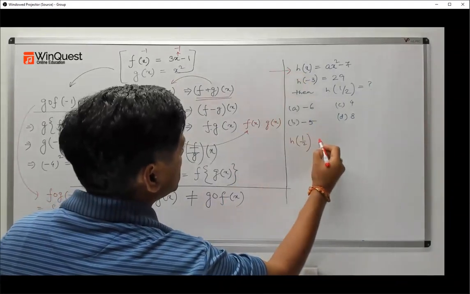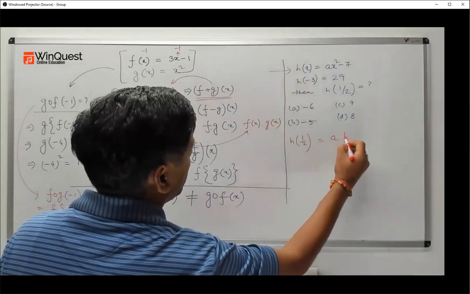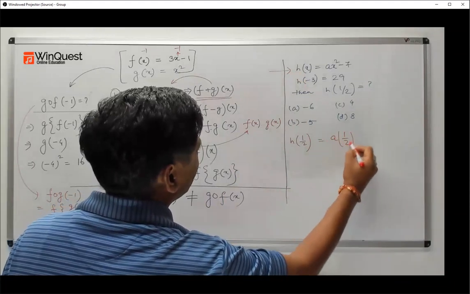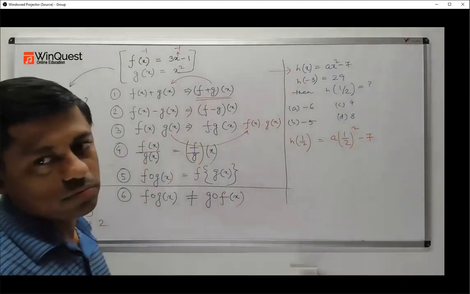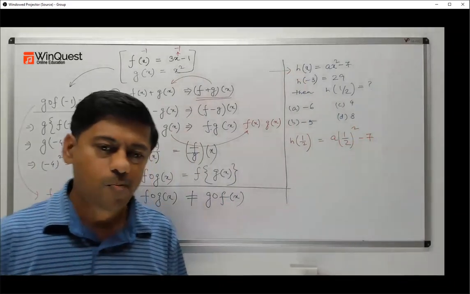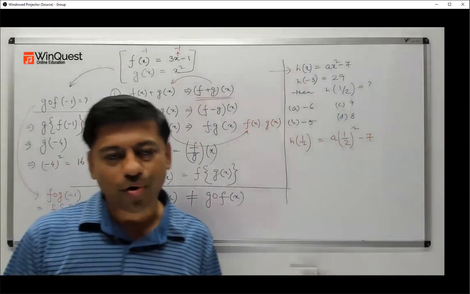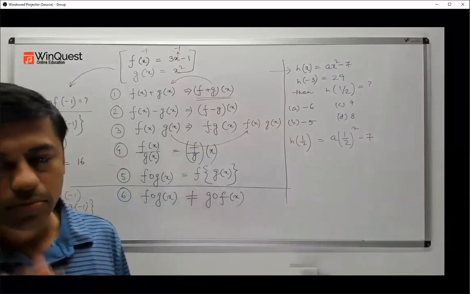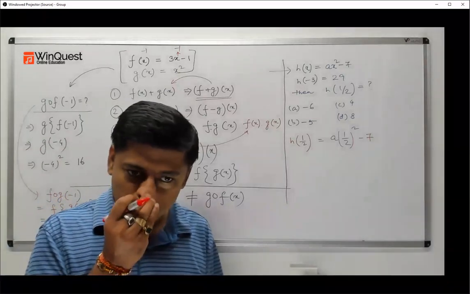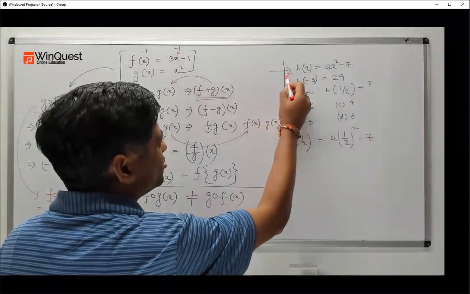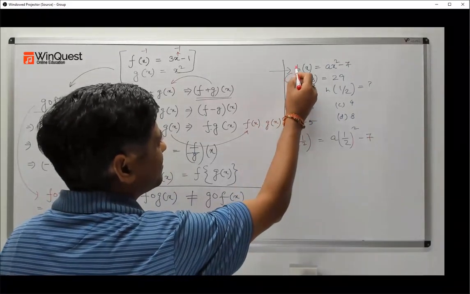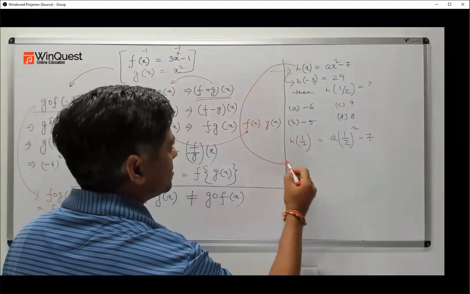So I can simply say a times half square minus 7. Is that true? Yes. But my actual problem is I don't know what a is, right? So I'm going to use this one and find out a. How? Here is the logic.